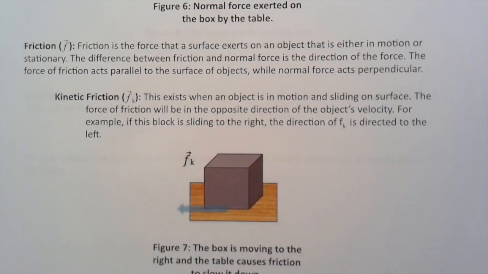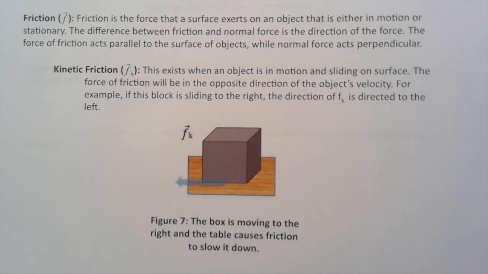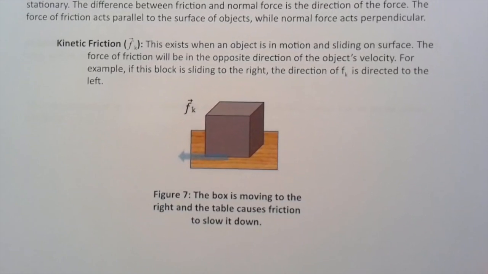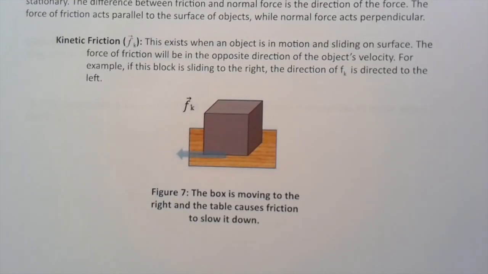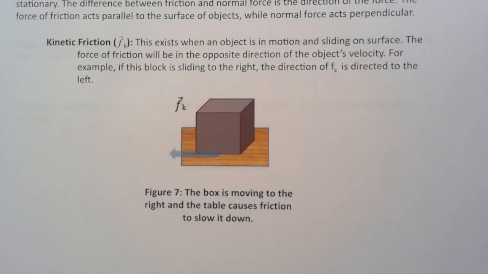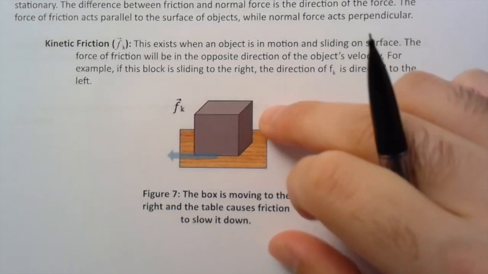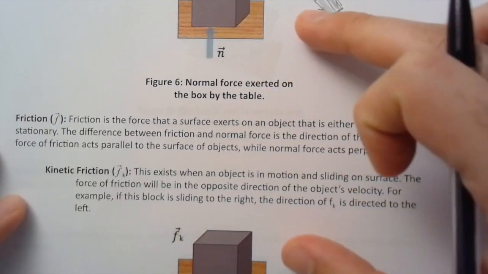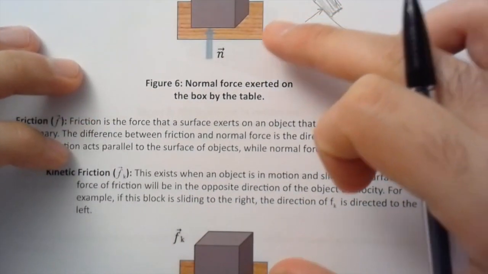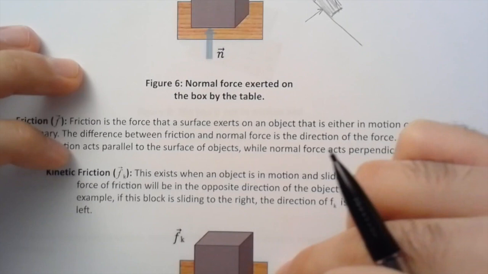And then we have the force of friction. Friction can work both on an object that's in motion and on a stationary object, and we'll go over examples of those two. The main difference between force of friction and normal force, if you pay attention, is the directionality of the force.